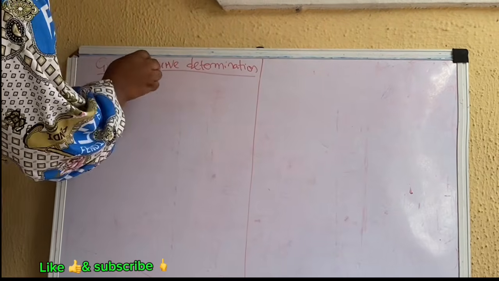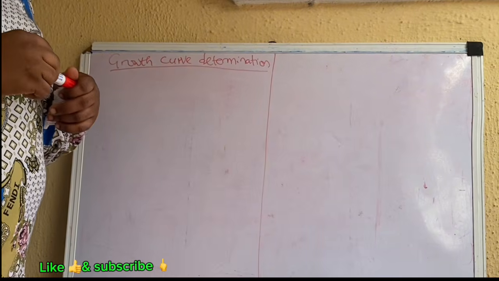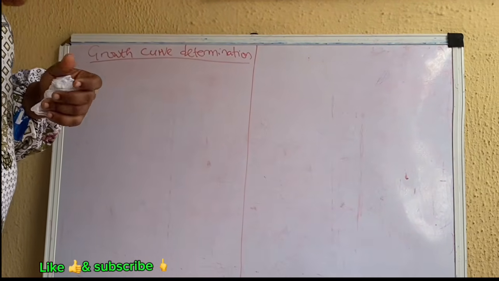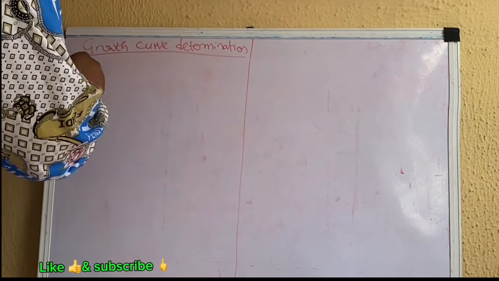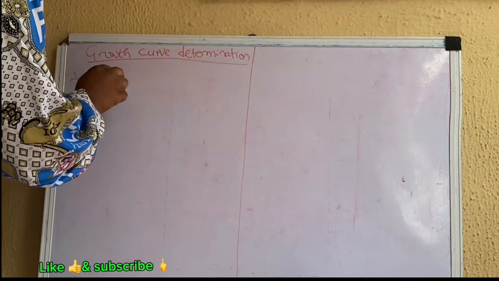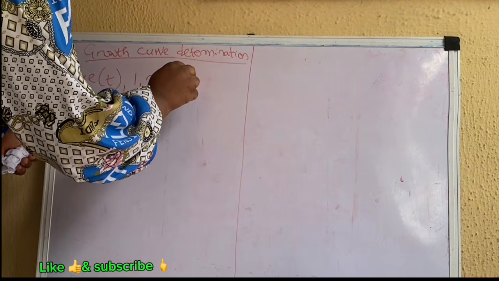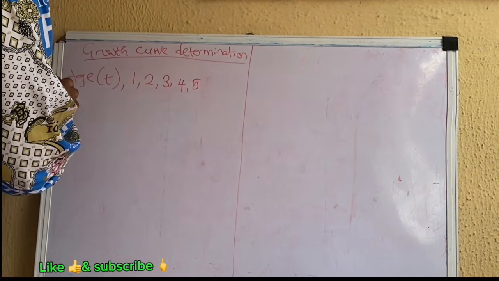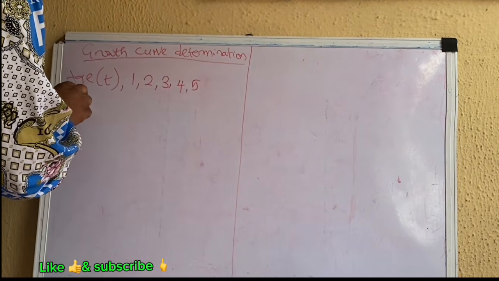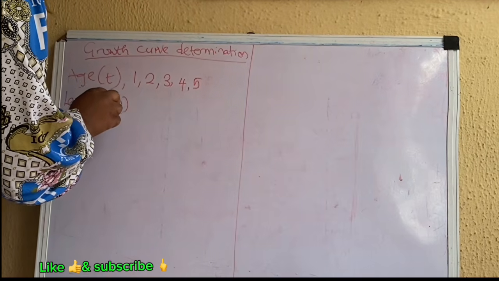Now, in this growth curve determination, let's assume we have a sample set data of ages and lengths. Let's say the age, which is the T, you have 1, 2, 3, 4, 5. Then you have length. The length can be the mean length, in centimeter.